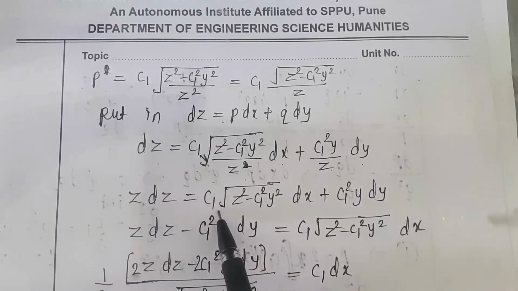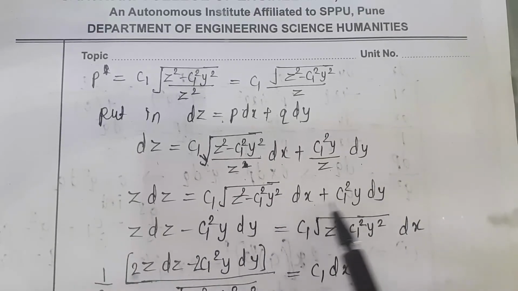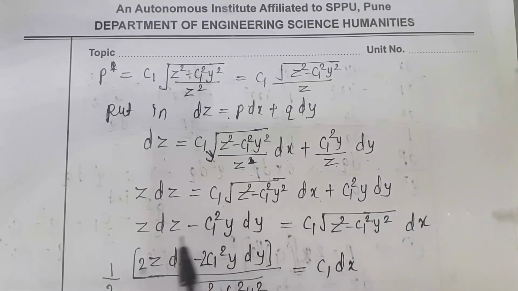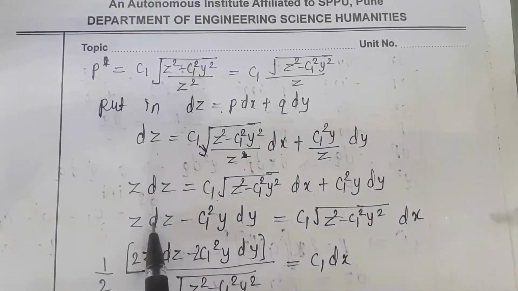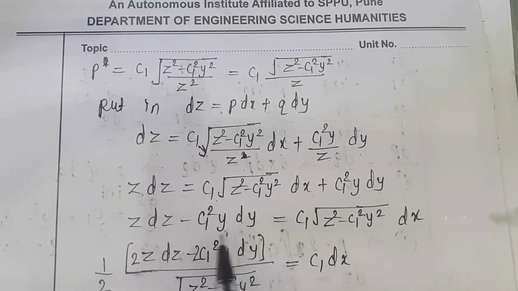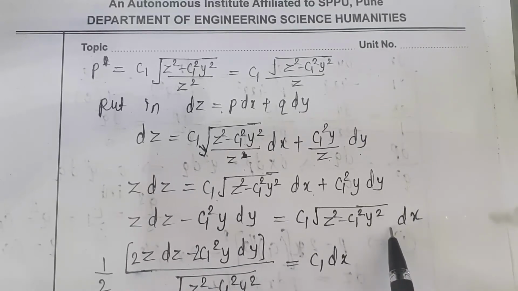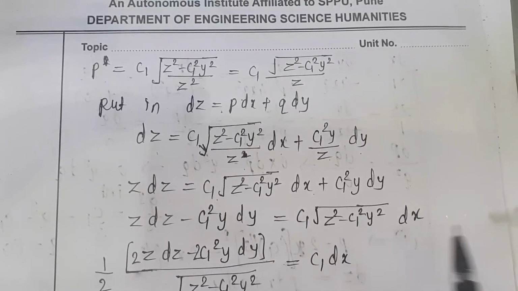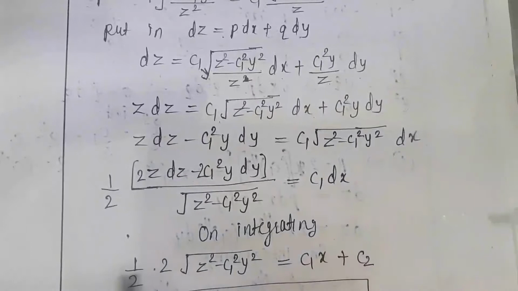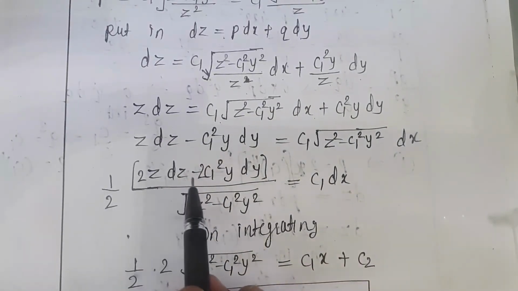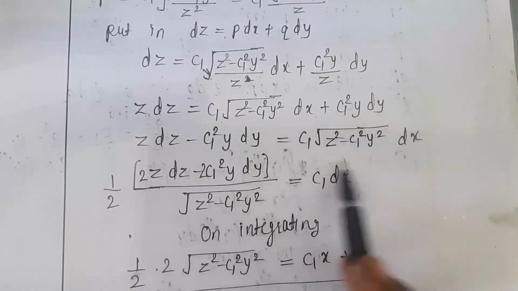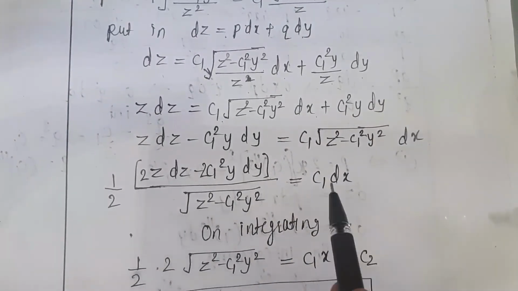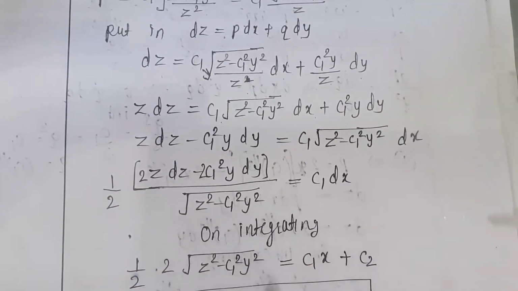So z dz = c1 √(z² − c1²y²) dx + c1²y dy. Now simplify it properly. I have taken this c1²y dy to the left-hand side. So z dz − c1²y dy = c1 √(z² − c1²y²) dx. So this is 1/2 times (2z dz − 2c1²y dy) divided by the square root, the complete term taken in the denominator, and remaining on the right-hand side is c1 dx.